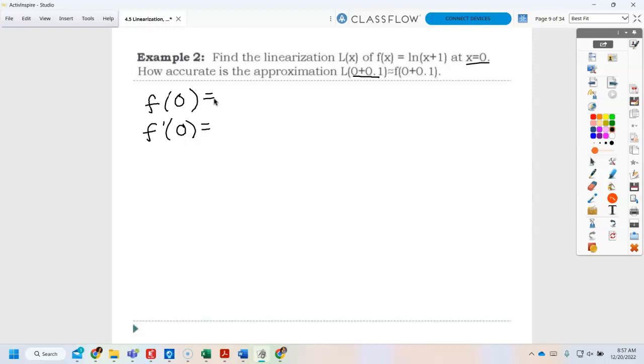So f of 0 is the natural log of 1, which is equal to 0. The derivative of the natural log is 1 over the inside times the derivative of the inside, which is 1.